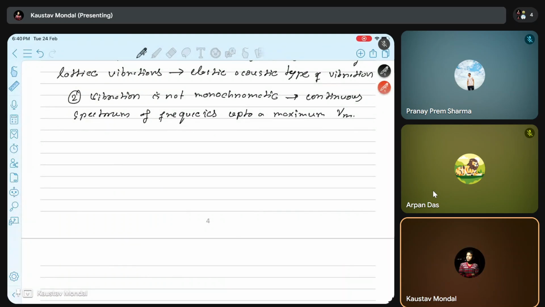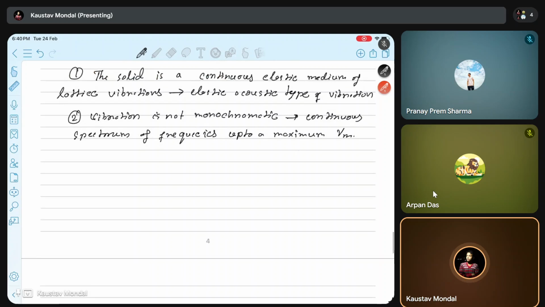Now, considering these formulations, since these are acoustic types of vibration, there are two kinds of modes, two types of waves.